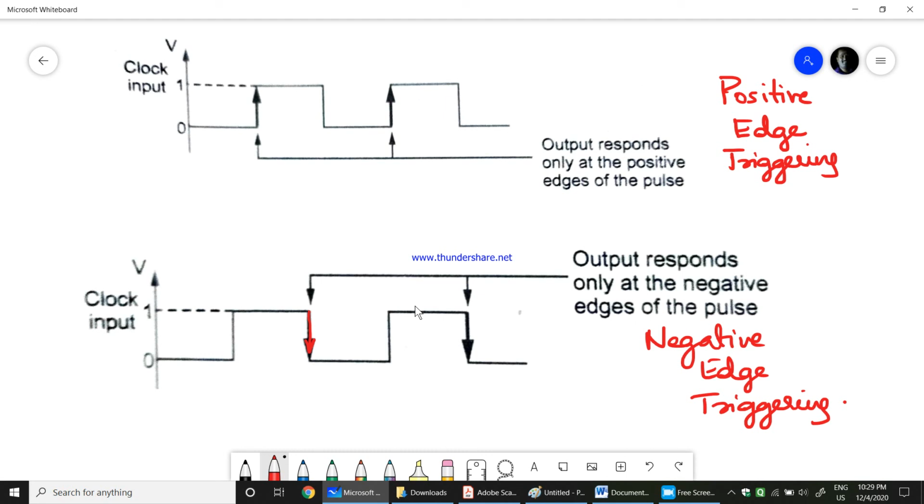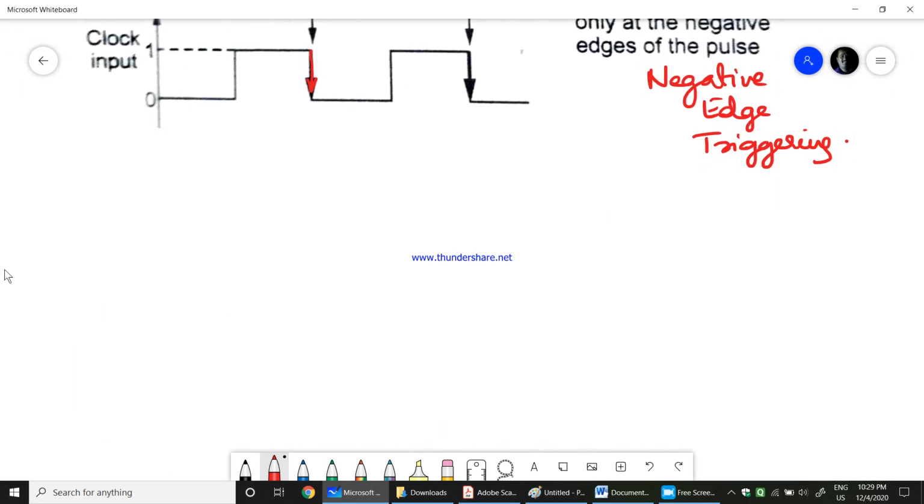And then we discussed different types of triggering. The last point I wanted to tell you is the clock input. The clock input will normally be a square wave.